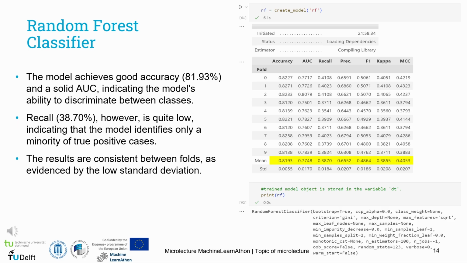However, the recall score is only 38%. This is relatively low and suggests that the model is correctly identifying only a minority of the actual positive cases. In practical terms, this means that while the model performs well in terms of overall classification, it has limitations when it comes to detecting all true positives, a potential concern in risk-sensitive applications.